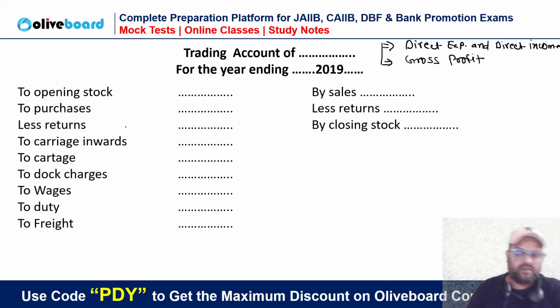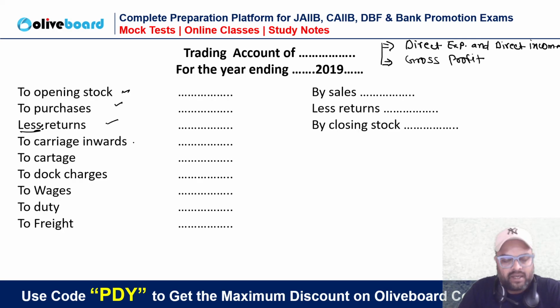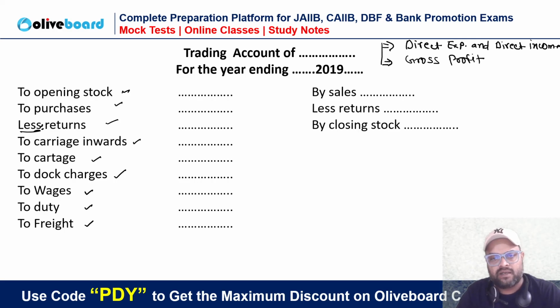So there will be transactions like opening stock and purchase. If you purchase something and return some of it, then we will deduct that return. Any carriage inwards, cartage expenses, dock charges, wages, duty (duty means tax), and freight, all these things are debited.